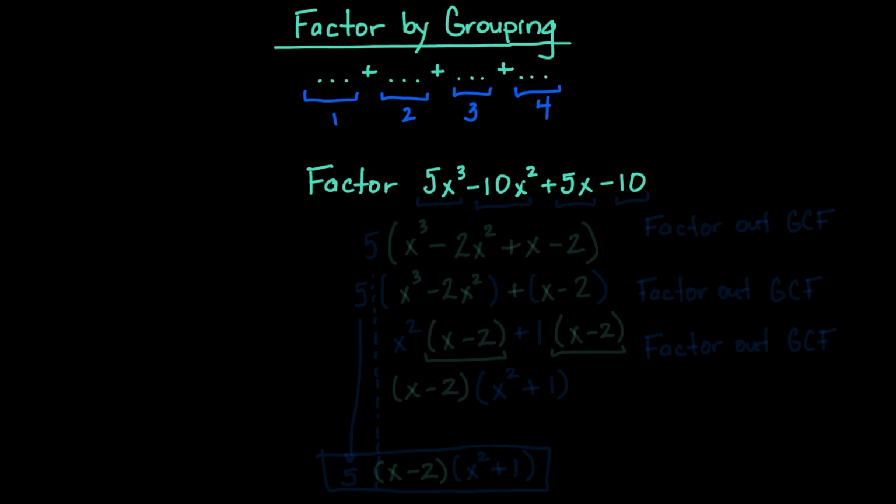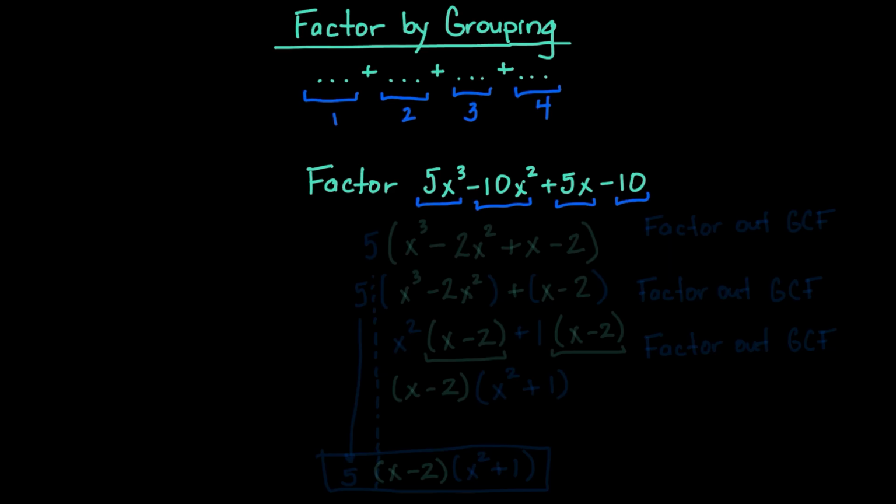Our next example, we want to factor the expression 5x to the third minus 10x squared plus 5x minus 10. The first thing I observe is that my expression has 4 terms. Because I have 4 terms, I'm going to attempt to factor by grouping.